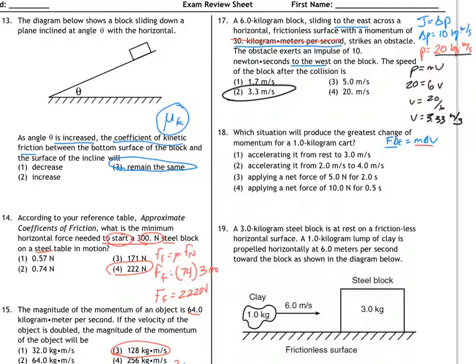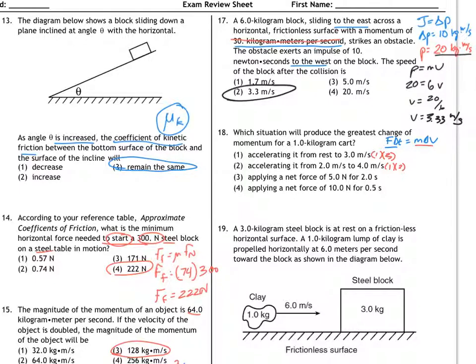So we know it's a 1 kilogram cart, which means that choice 1 is really asking us to consider m times change in v. So we have the mass of 1, and the change in v is going to be 0 to 3, so 3. And number 2 says the mass is 1, of course, but the change in v is going to be 2, as it goes from 2 to 4.